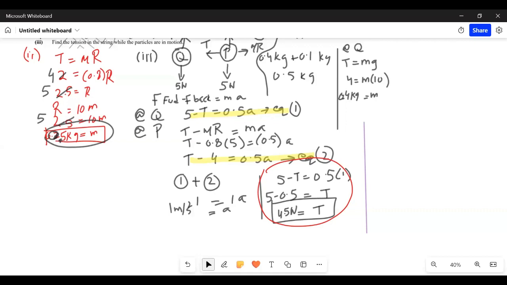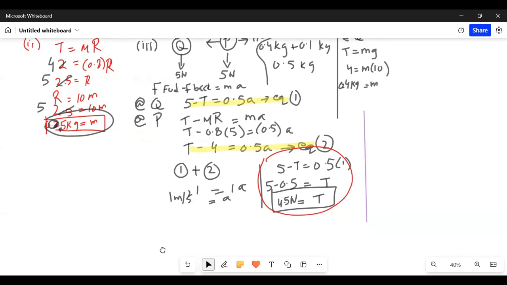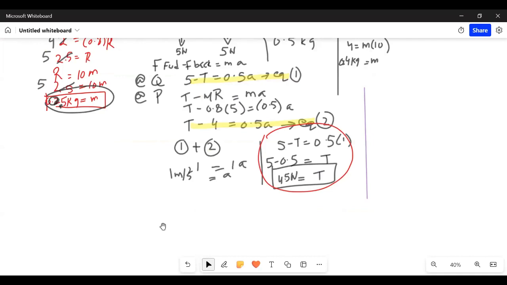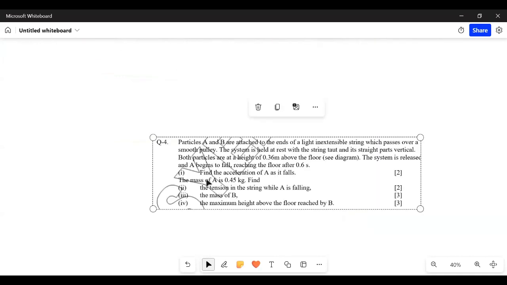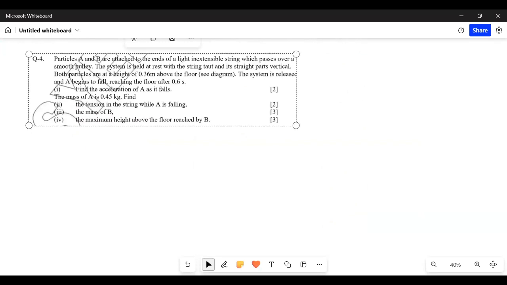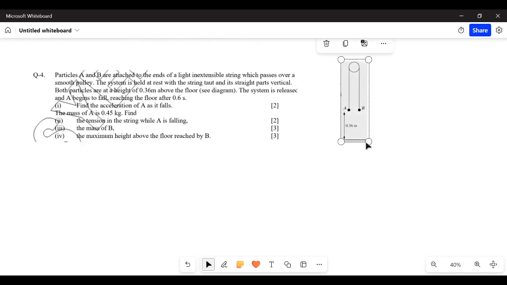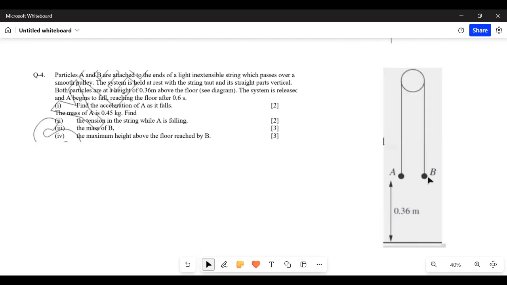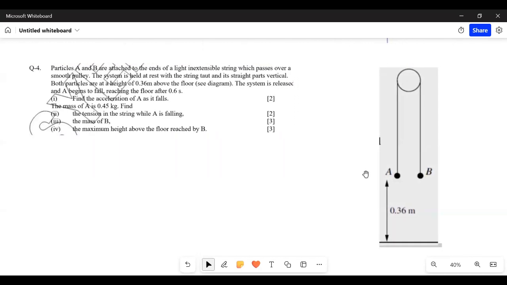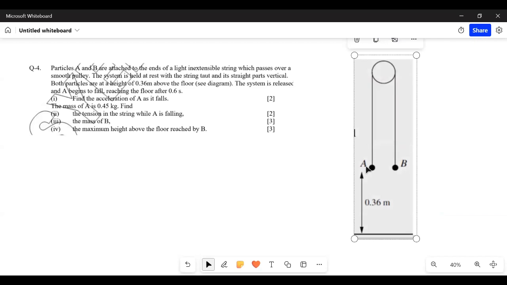अच्छा, क्वेश्चन 4 कर रहे हैं, तब सबने जागे रहना है। Particles A and B are attached to the ends of a light inextensible string which passes over a smooth pulley.